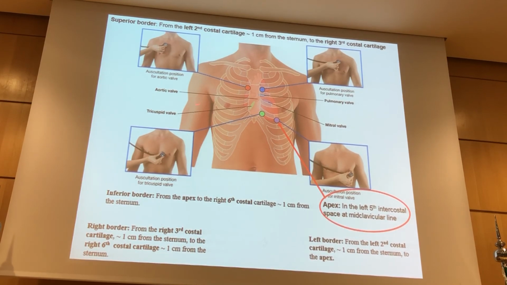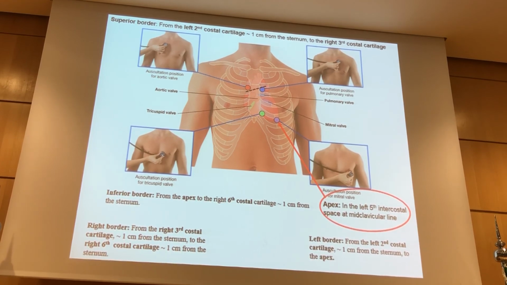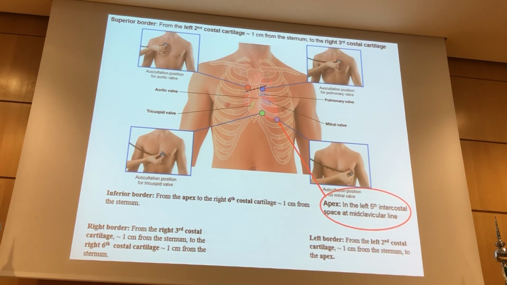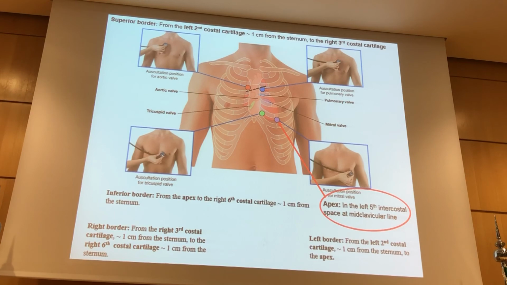So now to mark the borders of the heart, the upper border actually extends from the second costal cartilage on the left, 1 centimeter to the left of the sternum, to the third costal cartilage, 1 centimeter to the right of the sternum. Left border goes from the second to the apex of the heart.